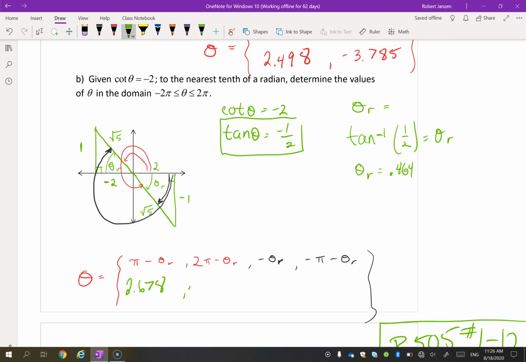I'm going to get 5.820. I'm going to get -3.605 and -0.464. Oops, I got those backwards, I think. Yeah, this one's -0.464, and this one's -3.605.